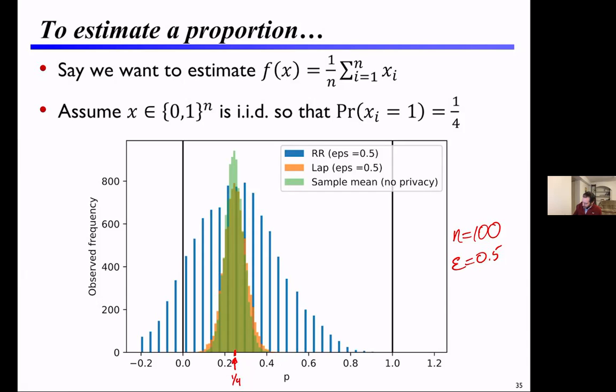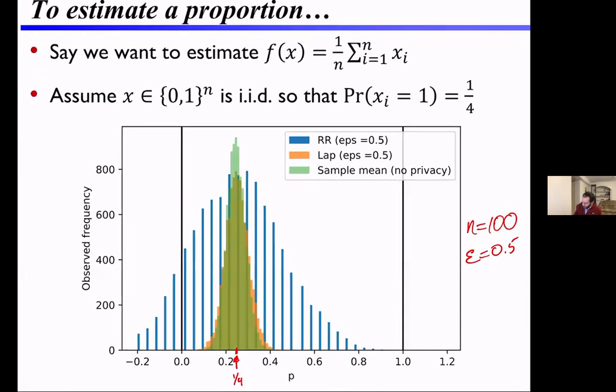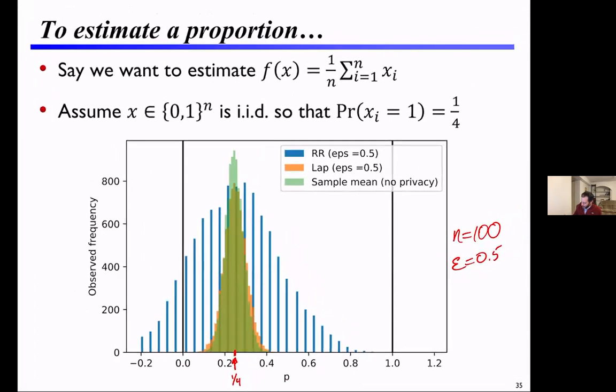But the other thing is that, if you're not careful, if you do randomized response in the straightforward way, then you sometimes end up producing estimates that are less than 0, and there's even some chance that you produce estimates that are greater than 1. And so you're in this regime where you have to be much more careful about how you interpret the result you get. Okay, so the Laplace mechanism is definitely beating the pants off randomized response in this particular experiment.